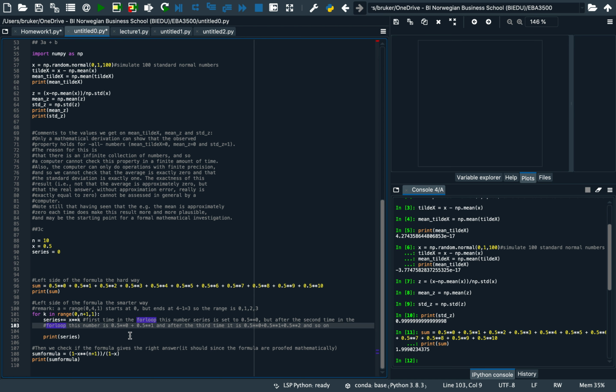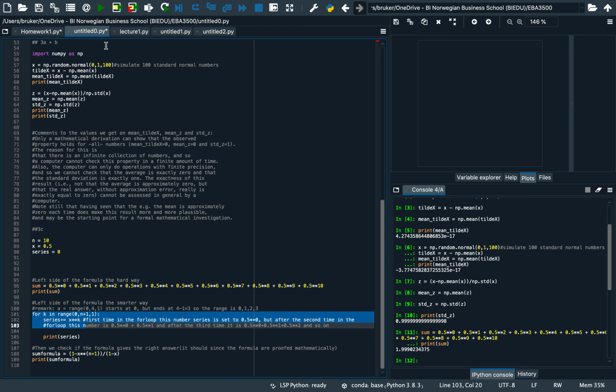And after the last time in the for loop, series should be the same as the sum calculated the hard way above. So let's see if this is correct.